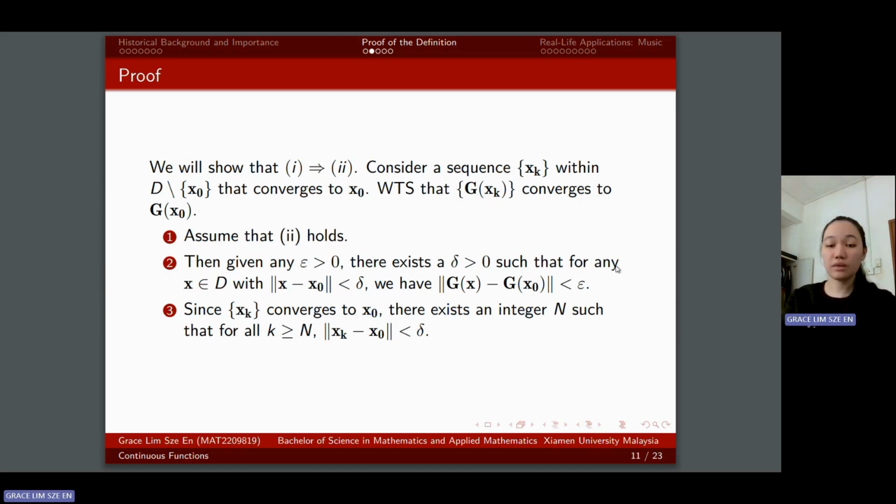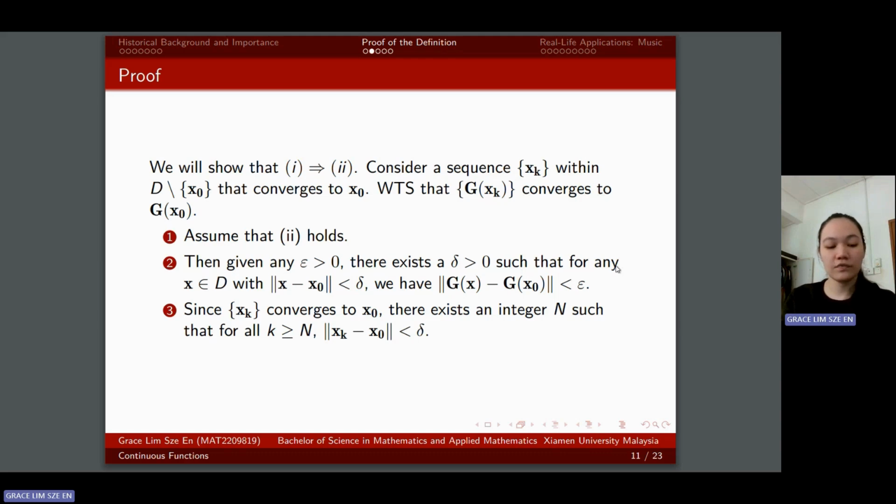And for the delta bigger than 0, it's saying for this particular epsilon, there is a corresponding small positive number delta that represents how close x needs to be to x0 in order for g(x) to be within epsilon distance of g(x0). And then for any x in D with the norm of x minus x0 less than delta, we have the norm of g(x) minus g(x0) less than epsilon.